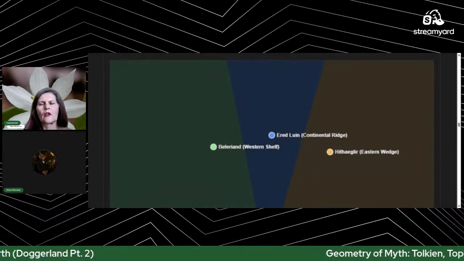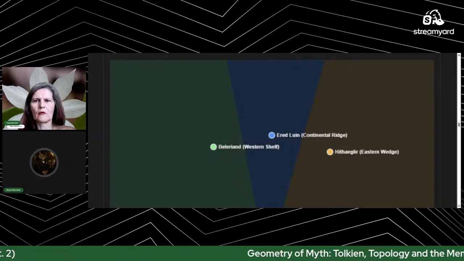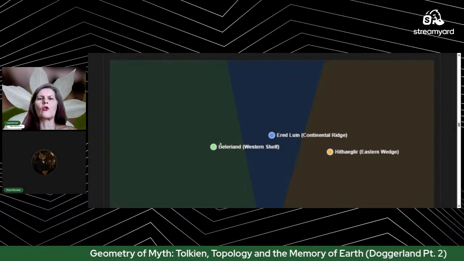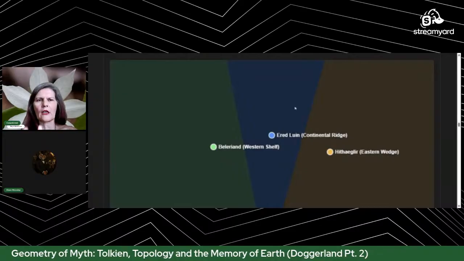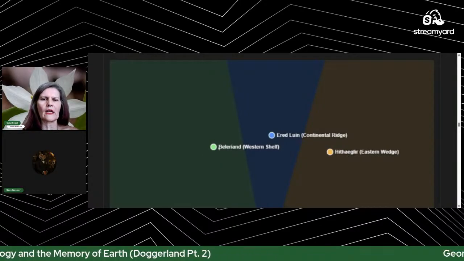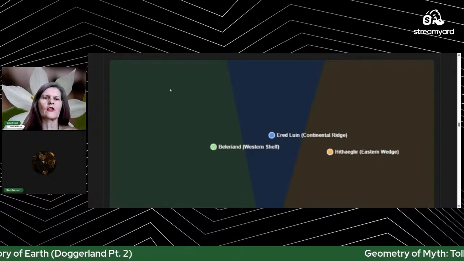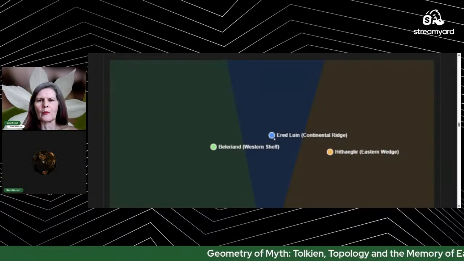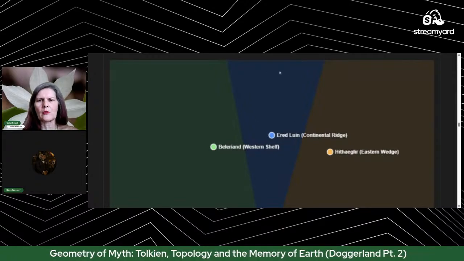Just to be really clear in case your monitor is a little off, the light green button is for the dark green space right here. The light blue button, Eriduin, is for the dark blue space here.